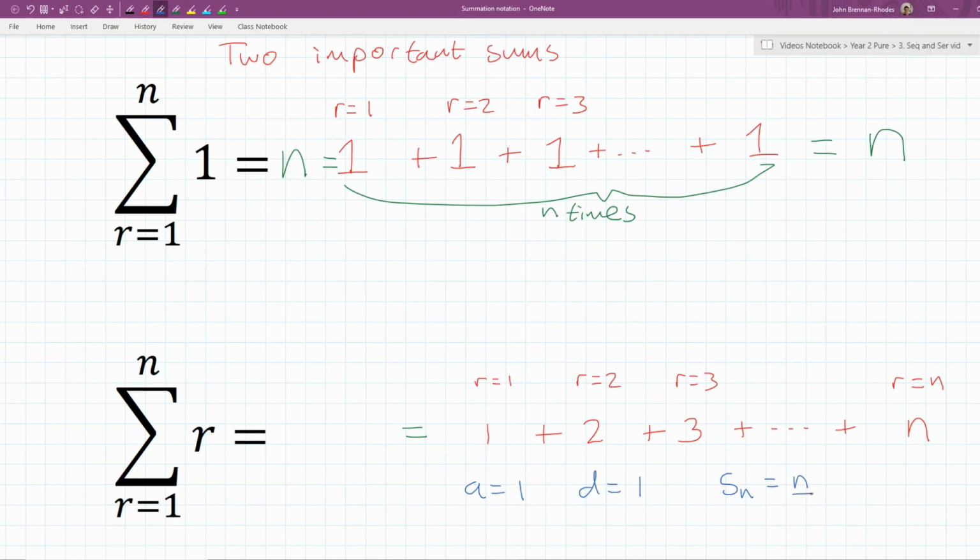So we've got n over 2 times 2a plus n minus 1 times d, so 2 plus n minus 1, n over 2, n plus 1. And overall, the formula is n times n plus 1 over 2. Now, you can always work this back out just from using the formula that you know, but it can be very handy to just remember this like this.